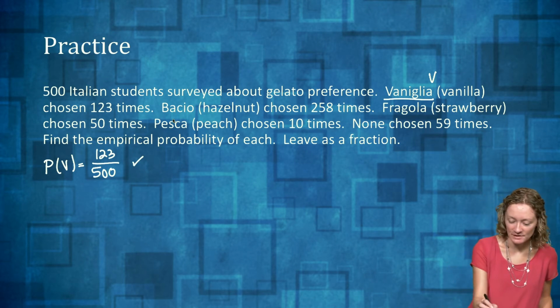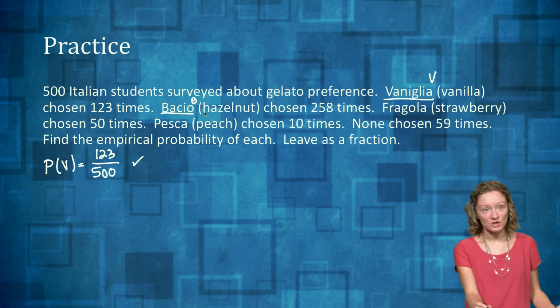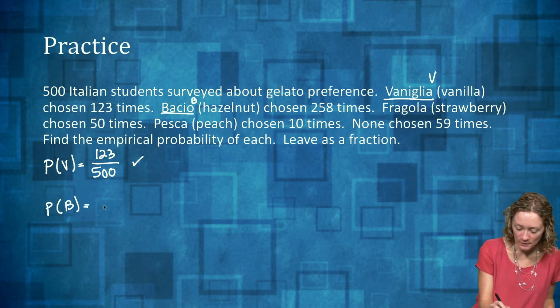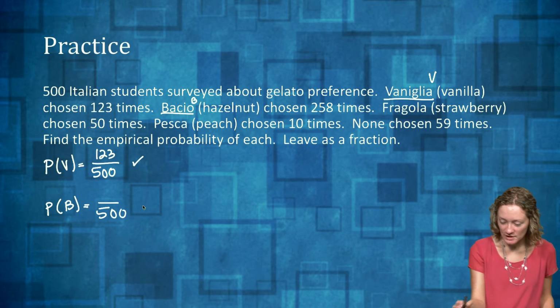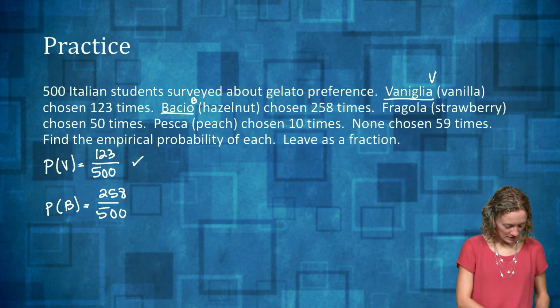The next event is Bacio. I'm going to call it event B. If you called it event H, that's fine, as long as you indicated that that's what you're doing. So probability of Bacio, out of the 500, 258 chose Bacio. 258 divided by 500, change to fraction.